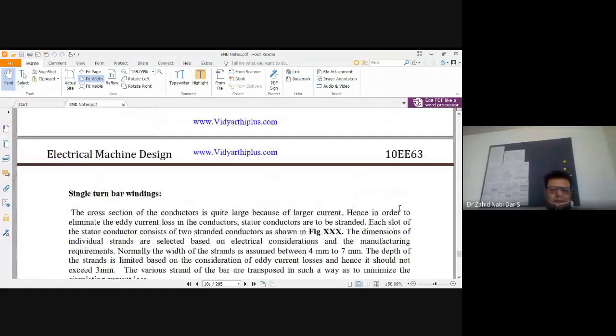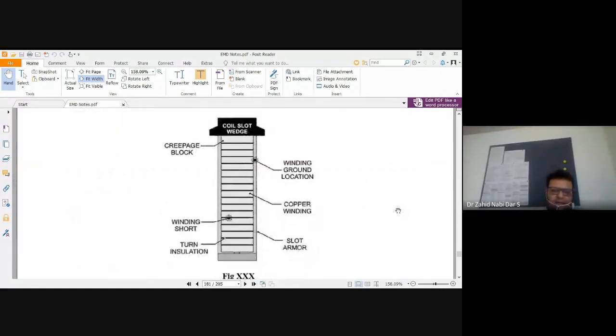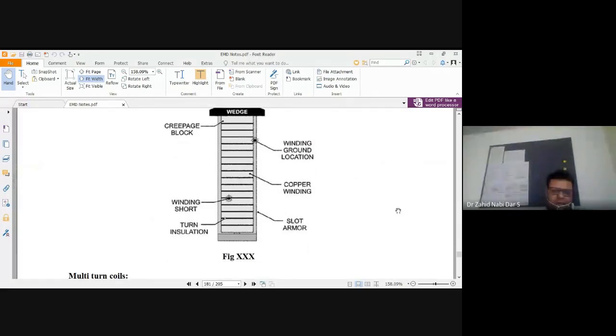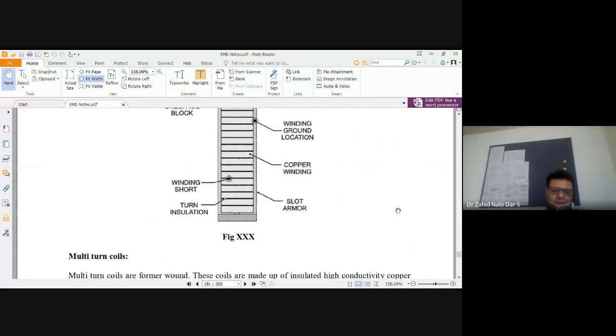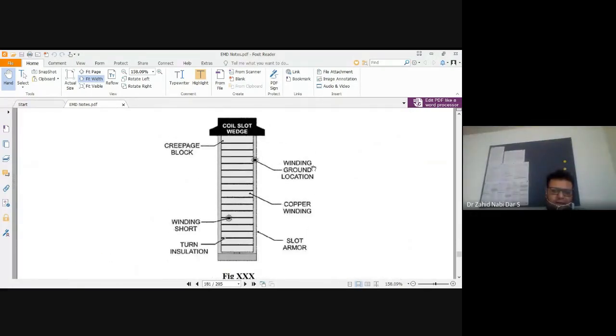Now let's see how exactly it will look. This is your winding, the copper winding. This is the slot, the armature slot. Sometimes your windings can be shorted in between, so between the windings there is some amount of insulation involved.